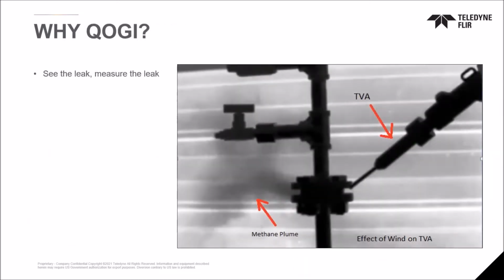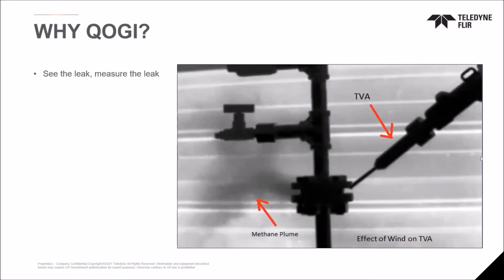But the biggest thought is, why would you want to use a QL320? Why would you want to use QOGI? The number one reason, if we look at this compared to other technologies, is this definition of see the leak, measure the leak. The other technologies that are out there give you the capability to measure a leak. But as you can see in this screen, if you don't happen to hit the leak where you're supposed to, you're flying blind.